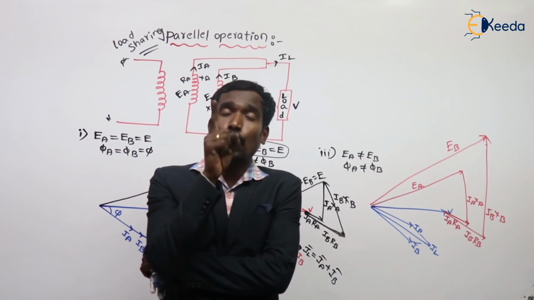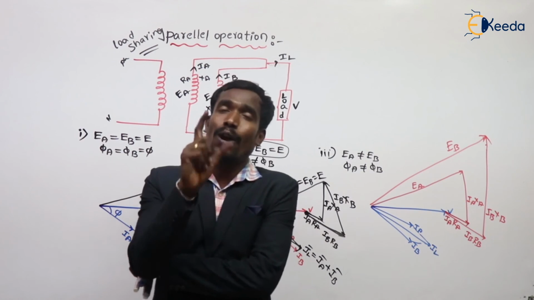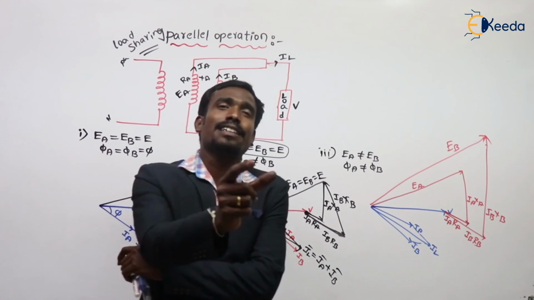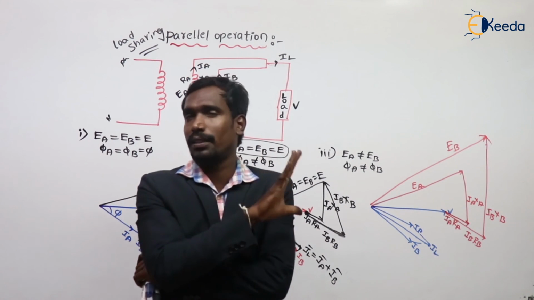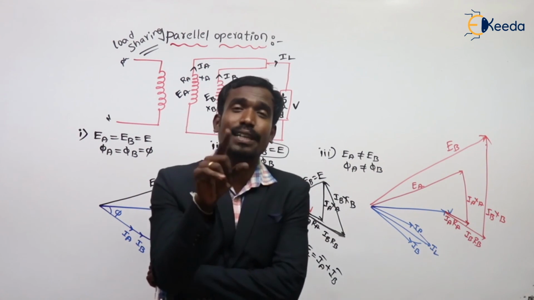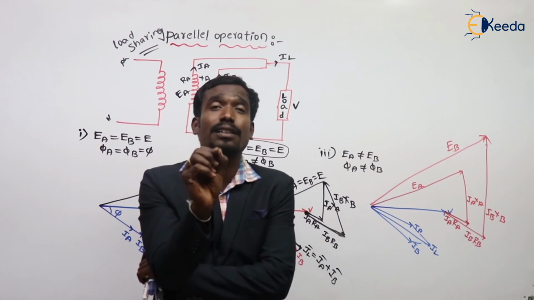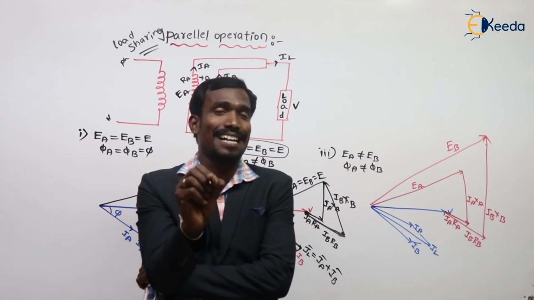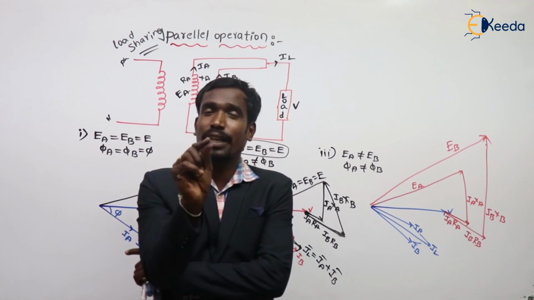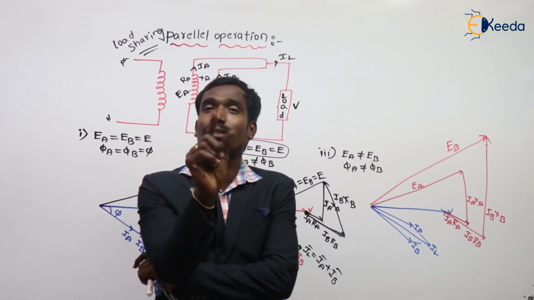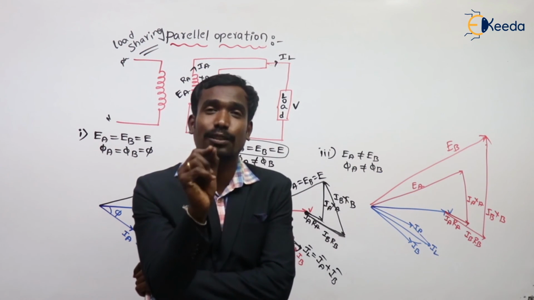Otherwise, load sharing will be difficult, nothing but one transformer overloaded, the other transformer underloaded, and the power factor also decreases. Remember this. The load sharing mainly depends on per unit impedance. If the per unit impedance is the same, then the load sharing is also the same.